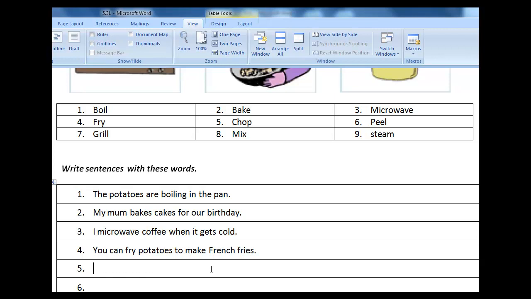Chop. We chop vegetables before we cook. Peel. I don't like to peel fruit. Grill.